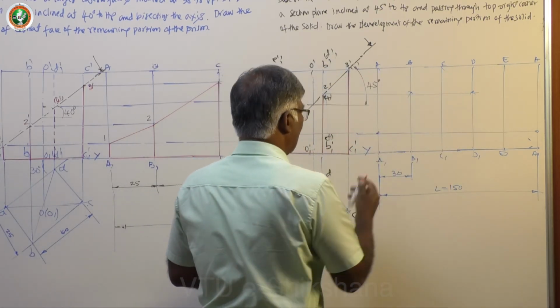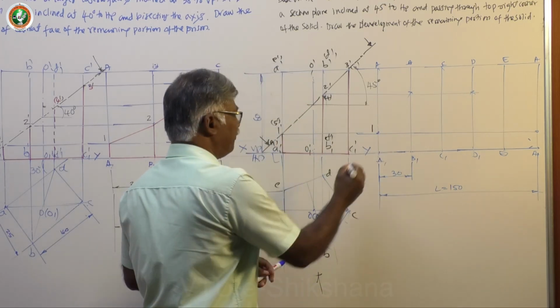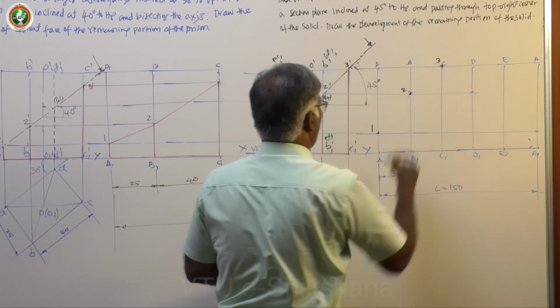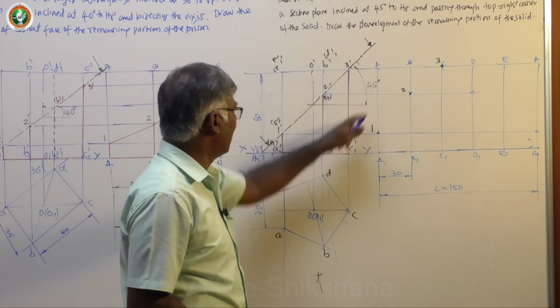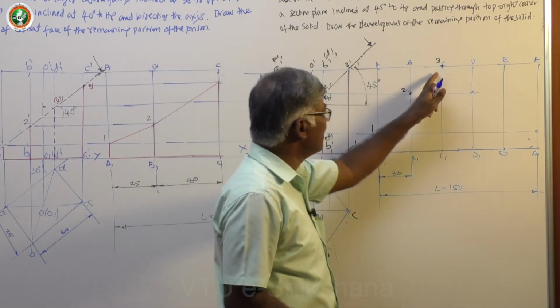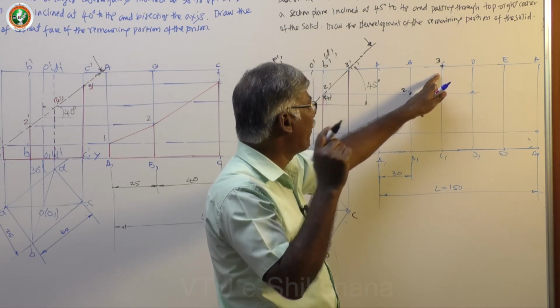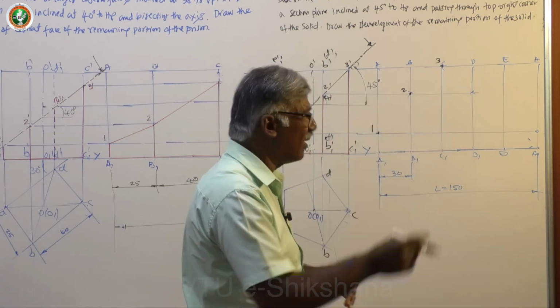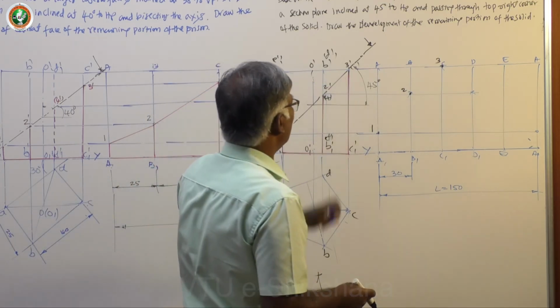Now let me name: this is 1, this is 2, this one is 3. 1 on AA1, 2 on BB1, 3 on CC1, that is occupying this top point only, C. CC1, I have C as the top point, that only is 3.